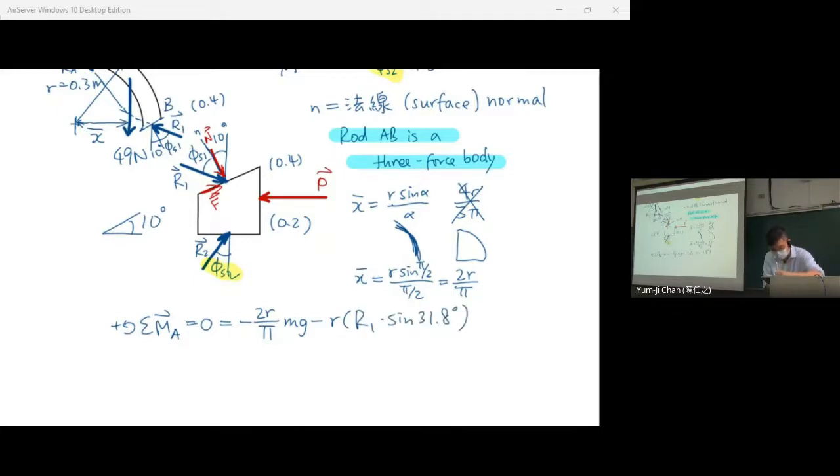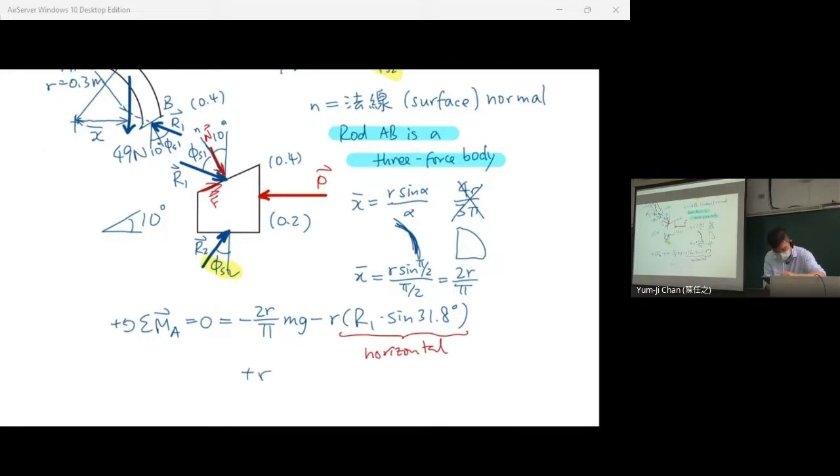This one is the horizontal force, and this one is the vertical force.